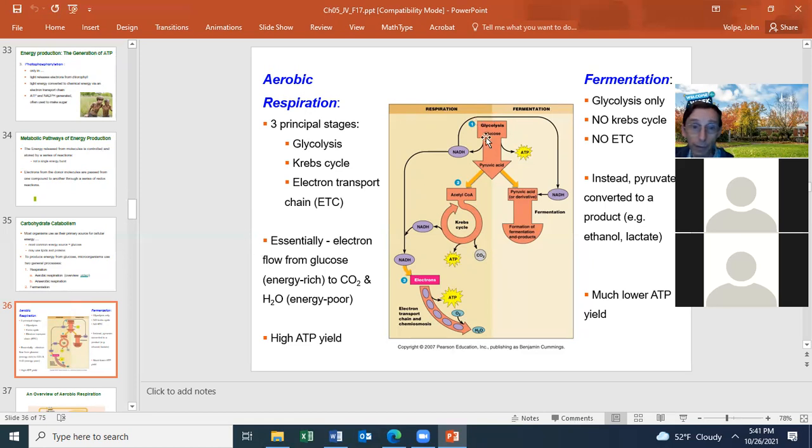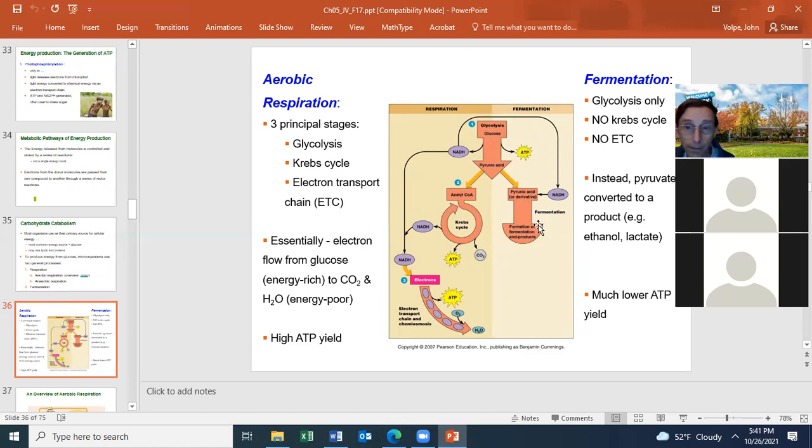This slide shows you an overview of aerobic respiration and fermentation. Fermentation starts with glycolysis, and you take the glucose, which you can barely see right there, and it'll be converted to pyruvic acid in glycolysis, and then the fermentation steps occur.